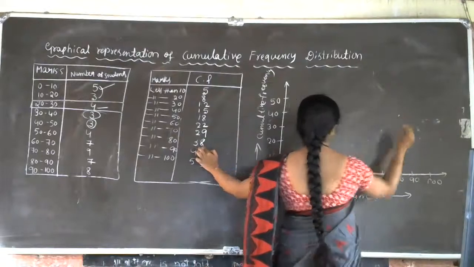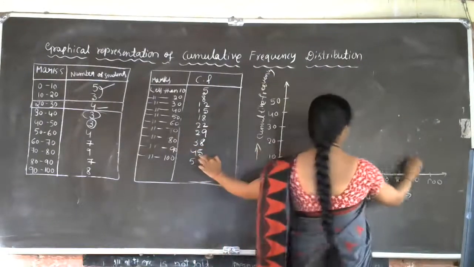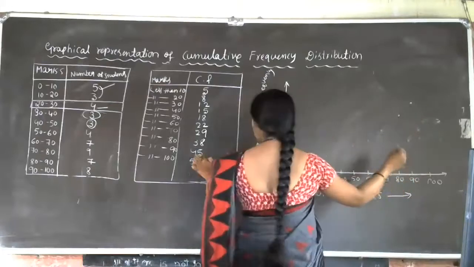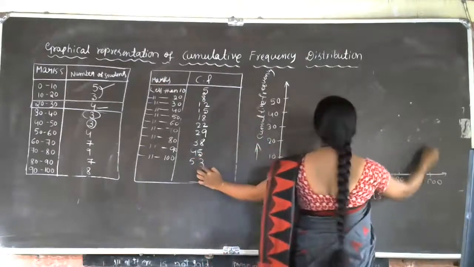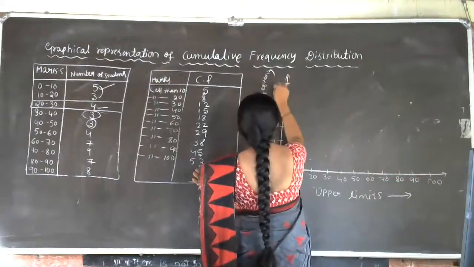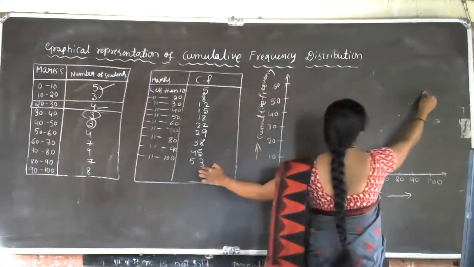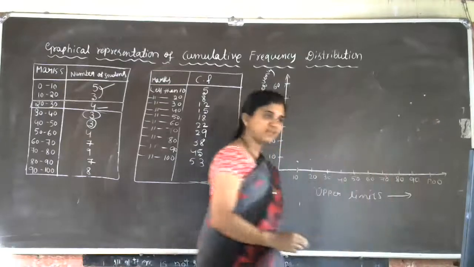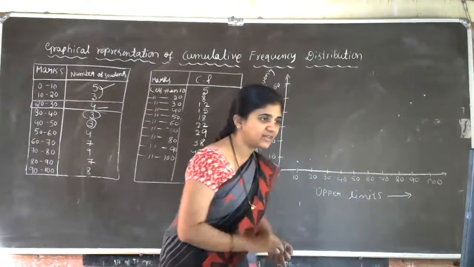Less than 90, 45, in between 40 and 50. Less than 100, 53. Here we have to mark one more 60. So 53 is here, around here, approximate.